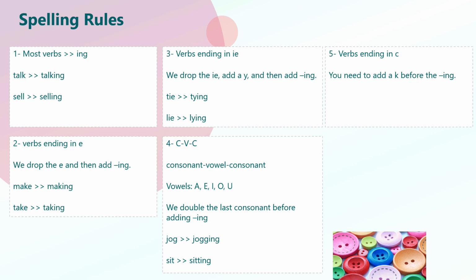Look at the base verb ending in C, add a K after the C, then add ing. For example, panic becomes panicking. Mimic becomes mimicking. These are some of the main spelling changes you need to remember when forming verbs in this tense.